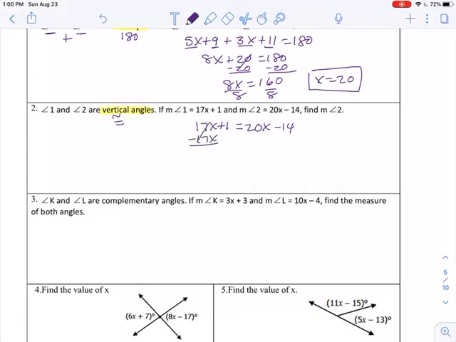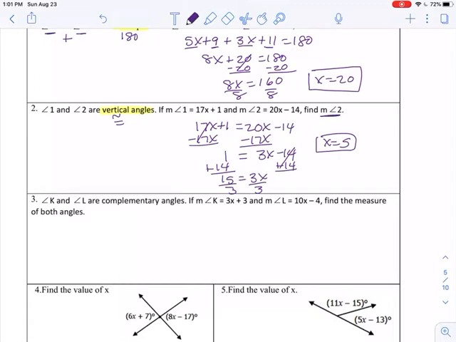Now these x's are on opposite sides, so I'm going to subtract the smaller one, and the only reason I do that is to avoid having a negative. I'm solving for x, so I'm going to add 14. Whatever I do to one side, I need to do to the other side. Divide by 3 because I'm solving for x, and x equals 5.